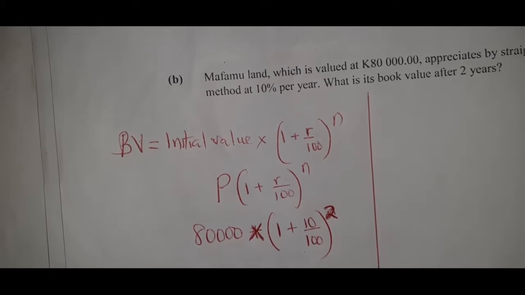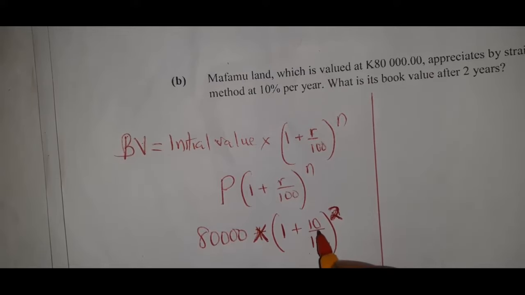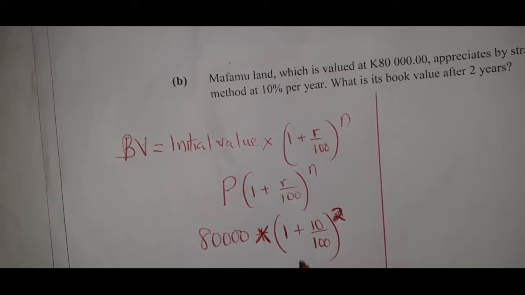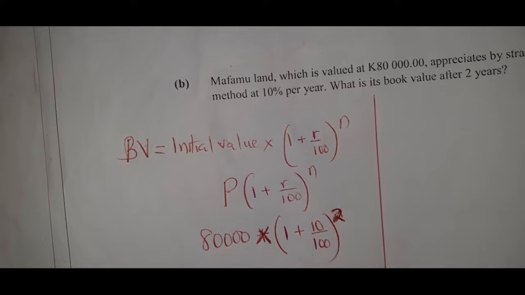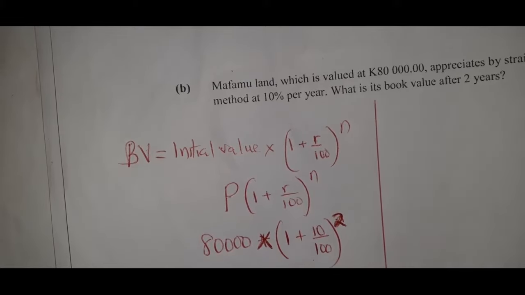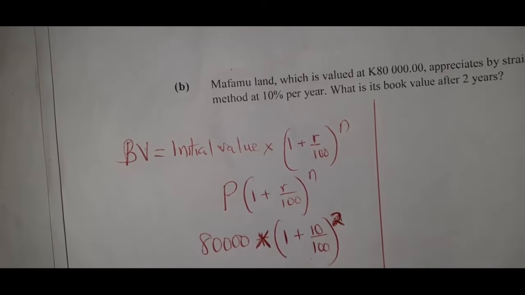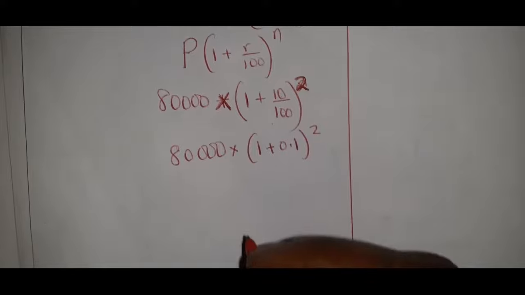So here we have 80,000. Then when we add this, what do we get? This is going to give us 1 plus, when you simplify this one, 0.1 to the power 2.